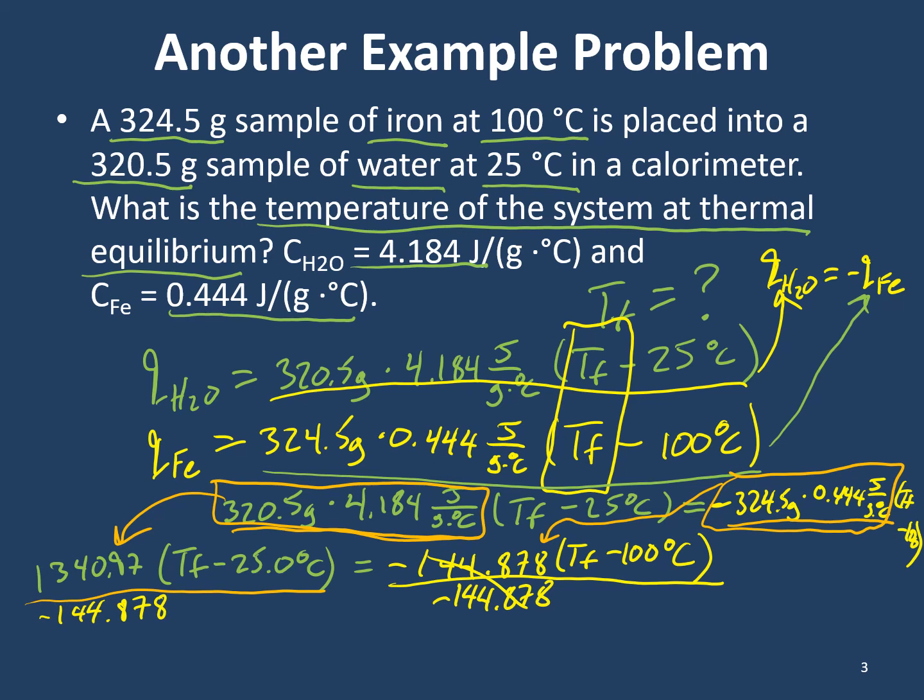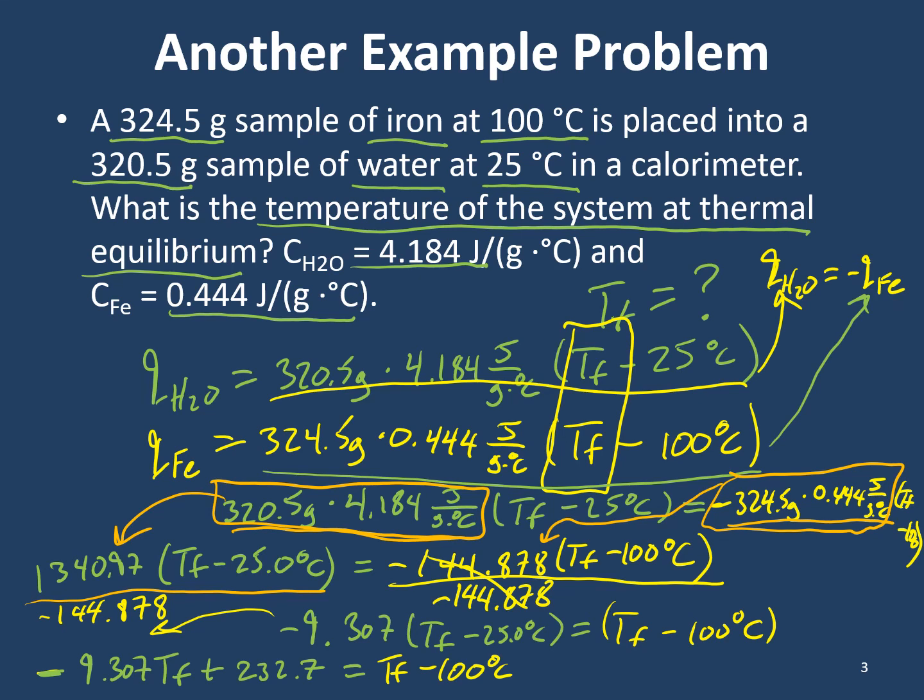All right, and this will get me negative 9.307 times TF minus 25.0 degrees Celsius is equal to TF minus 100 degrees Celsius. I'm using the same notation I've been using. And so now I can distribute in and rearrange and solve. So let's look at that over here.